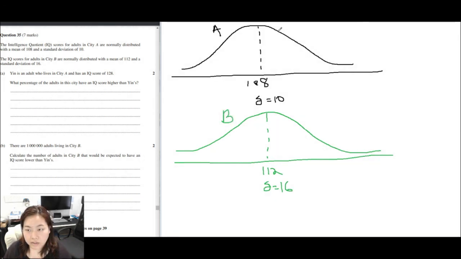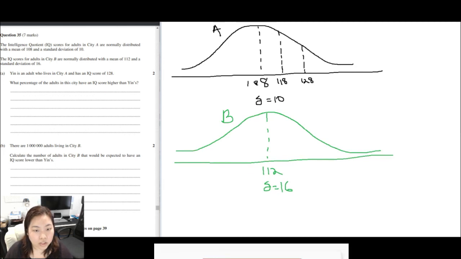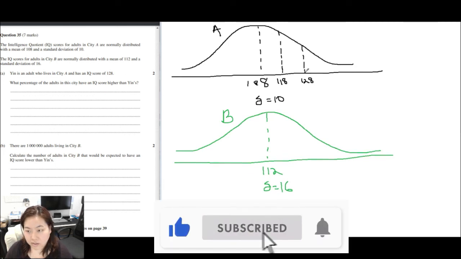A standard deviation of 10 means that the next Z score up is 118, and then the next one, 2 standard deviations higher, is 128. And she is exactly 128.